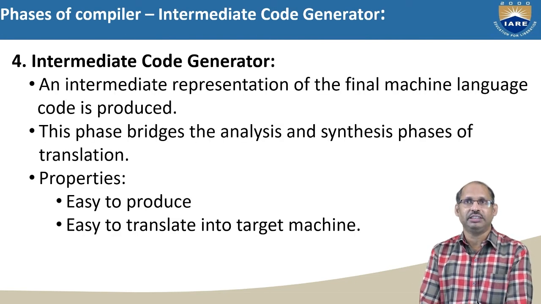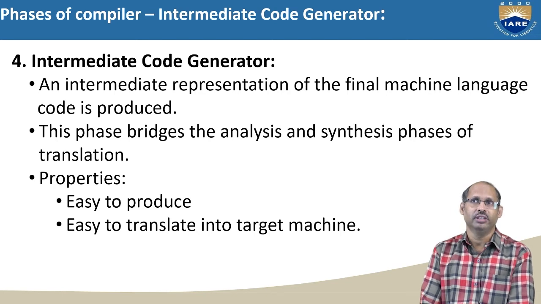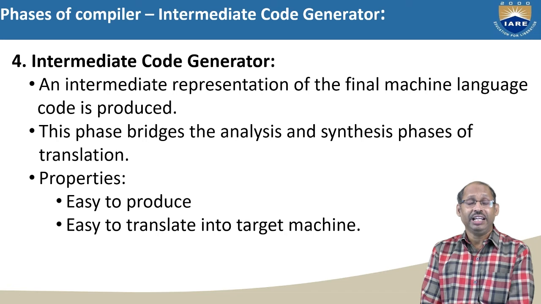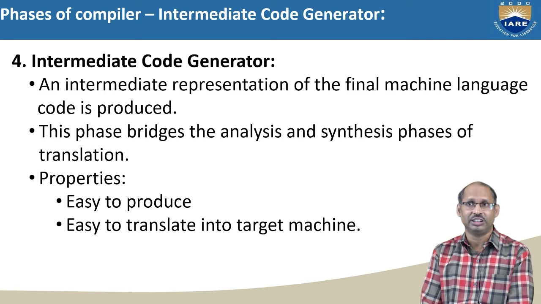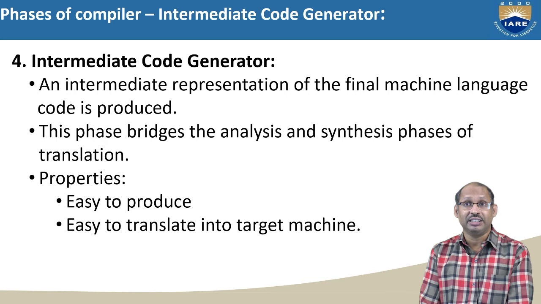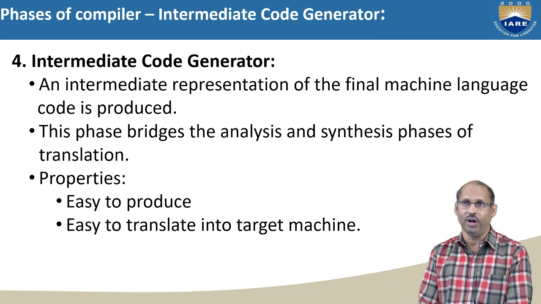The next phase is the intermediate code generator. Here, it will have different intermediate forms: three address code, abstract syntax trees, postfix notation. The abstract syntax tree output of the semantic analyzer will be converted to one of the intermediate code forms.